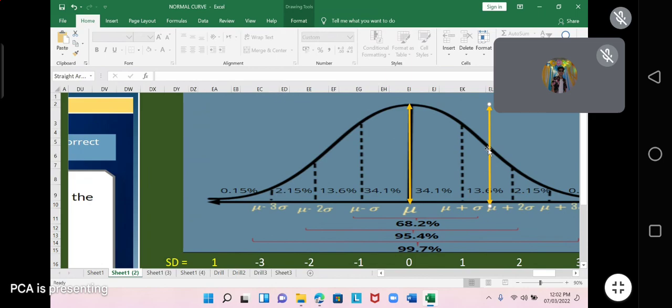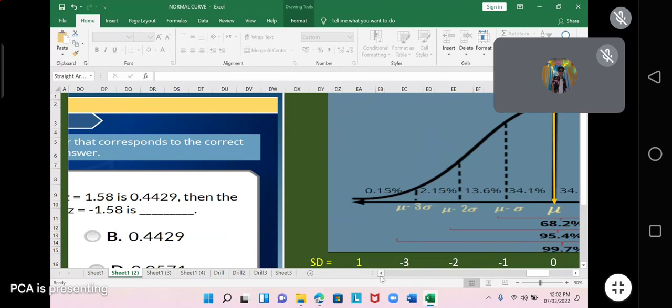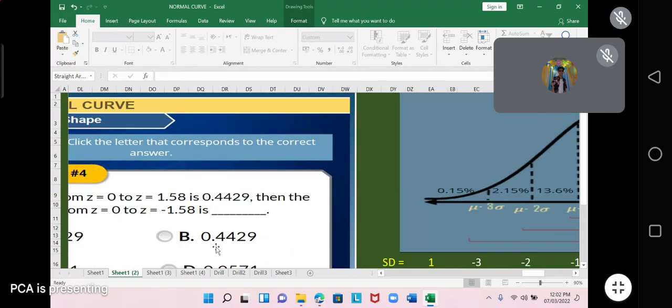Have the area here because this is the division, the boundary in this one. Have this area and add it in here. That is the composition of this area, from 0 to 1.58. But how exactly do you solve this one? Why is it 0.4429?